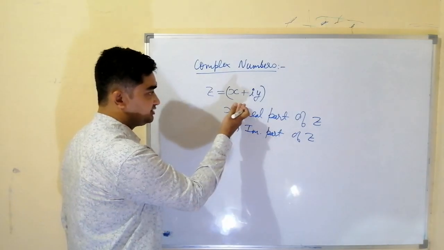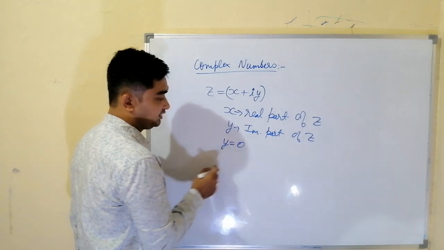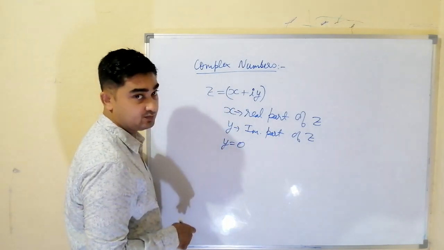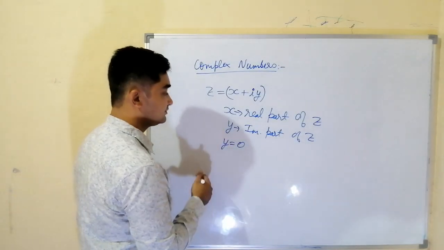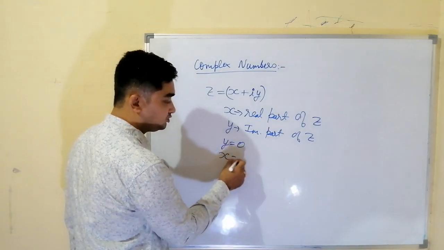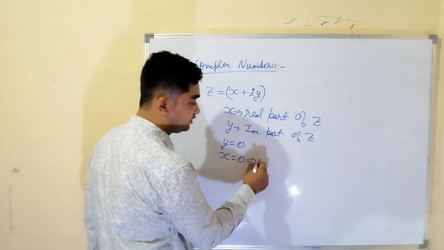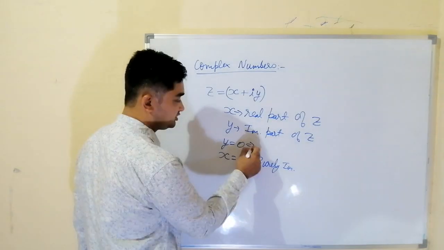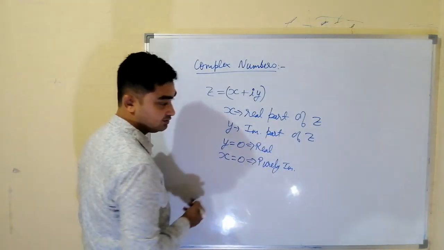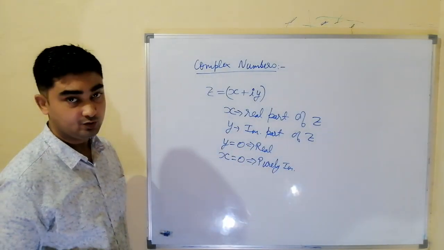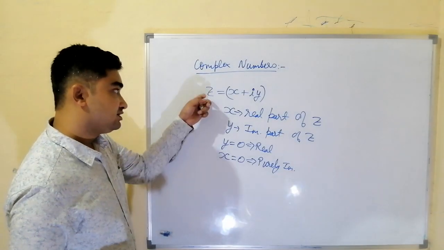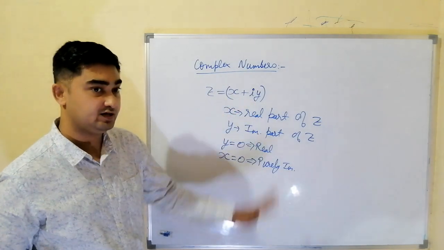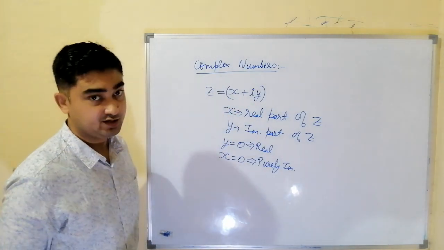Now easily we can see, if y becomes 0, that is, the imaginary part becomes 0, the complex number becomes a real number, x. If x becomes 0, then it becomes purely imaginary, meaning there is no real part, only the imaginary part y.